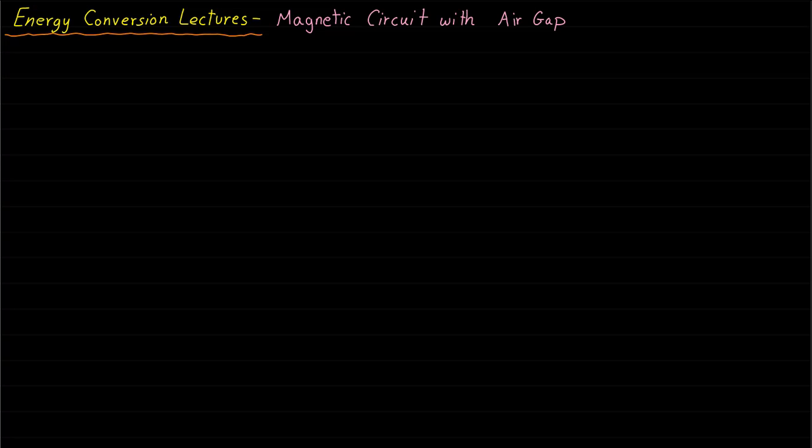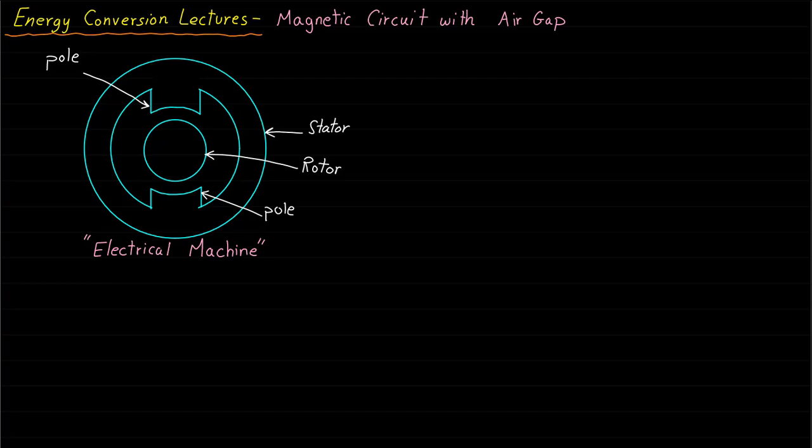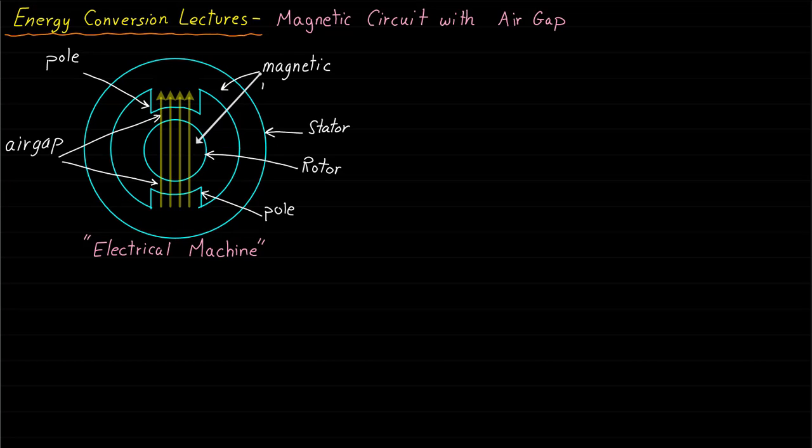In the first type of applications, such as electrical machines, the rotating part, which is called the rotor, is physically isolated from the stationary part by an air gap. Practically, the same magnetic field lines flow through the magnetic material and the air gap.